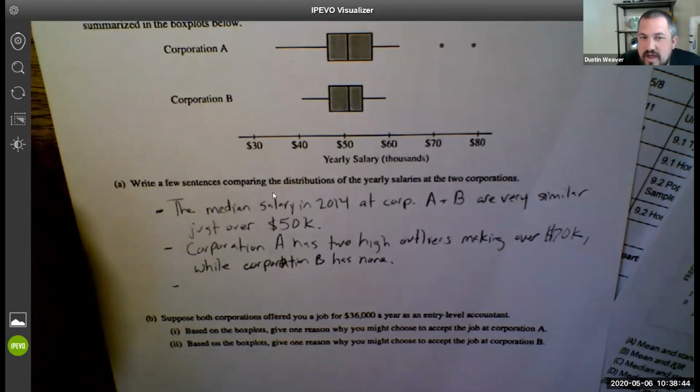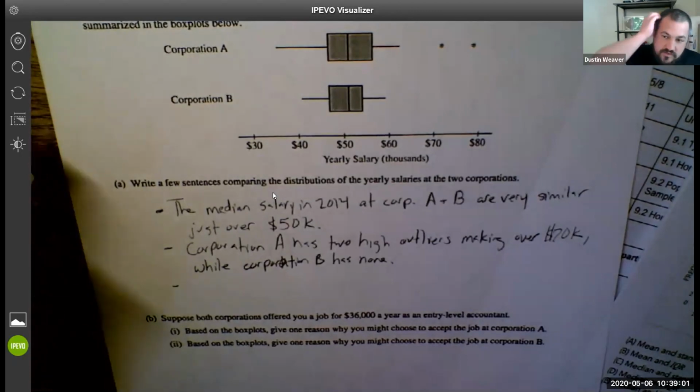Yeah, Corporation A has a wider range. It also has a wider range and a wider IQR. Absolutely.